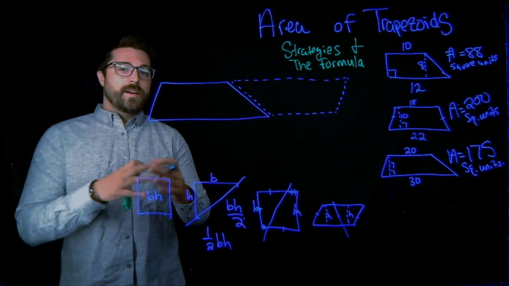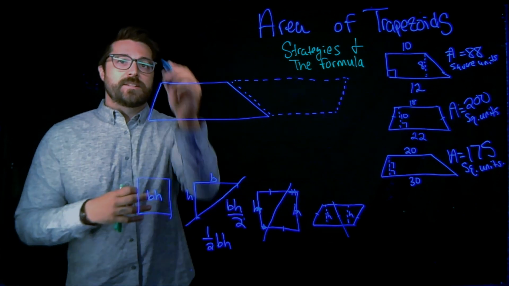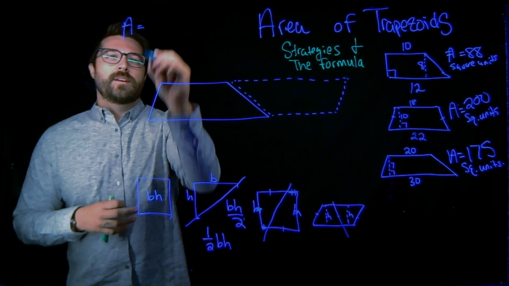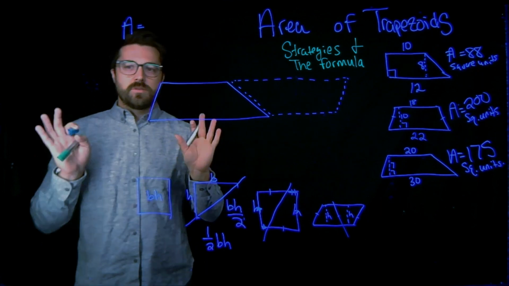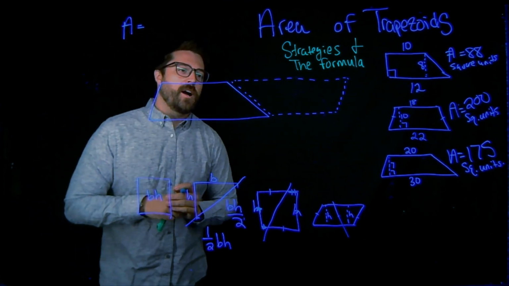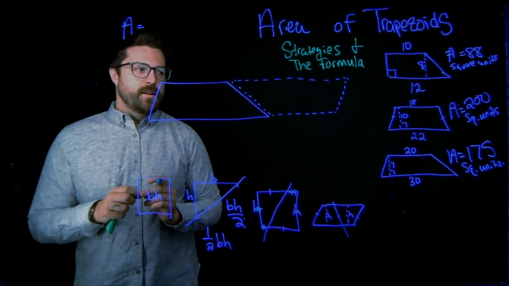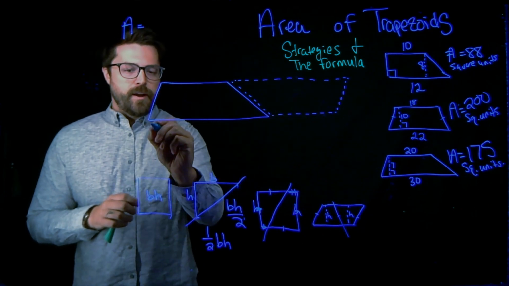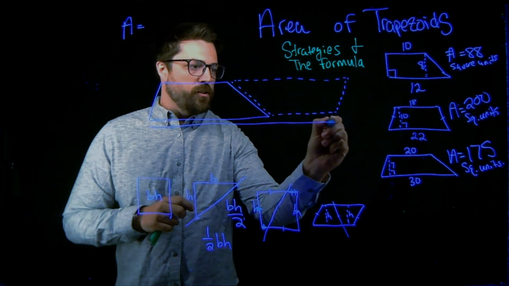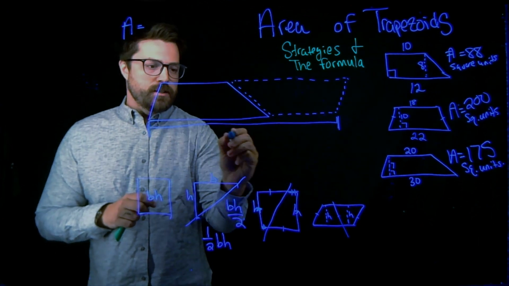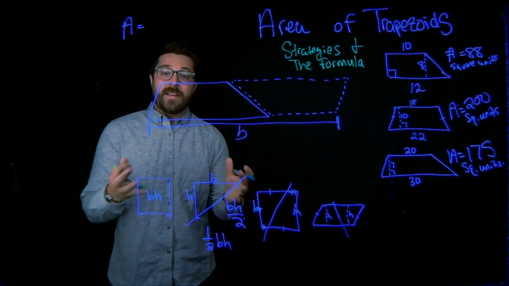Now, we said that we know the height isn't changing, right? So I'm not changing anything about the height, and I'm still going to have h in the formula for height. However, the base is different. If I think about the parallelogram, this distance across here is the base of the parallelogram.